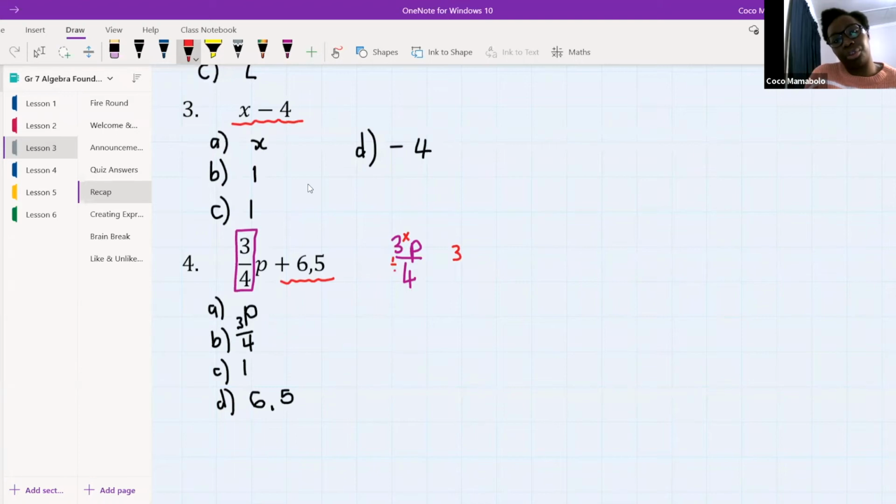I've gone 3 divided by 4, and this whole thing is multiplied by P. That's why I've split it. The whole number sitting in front of P is the coefficient. It does look a bit confusing if I wrote it like this, and they do this sometimes in your textbooks. All that means is that the numbers are together and then the variable sits on its own.